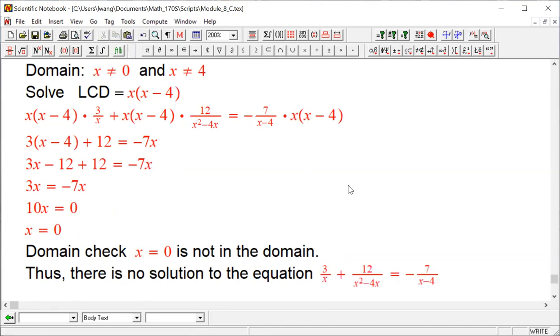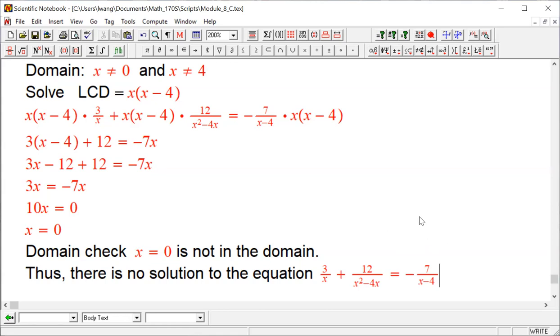So from these 3 examples we have seen, when we solve rational equations, sometimes we have 1 solution, 2 solutions, sometimes we have no solutions. Is it possible we may have more solutions?